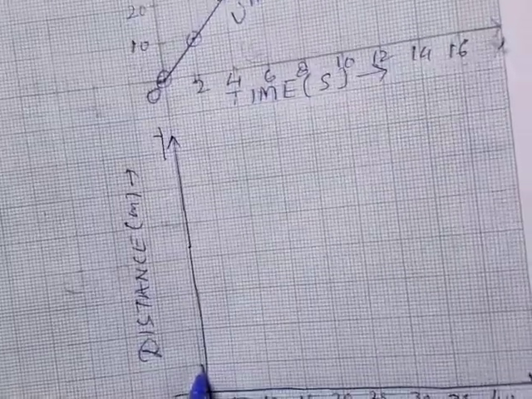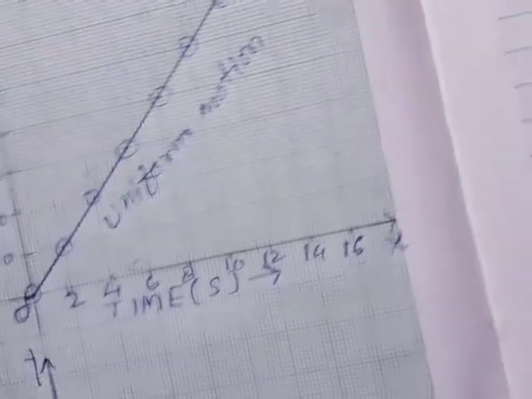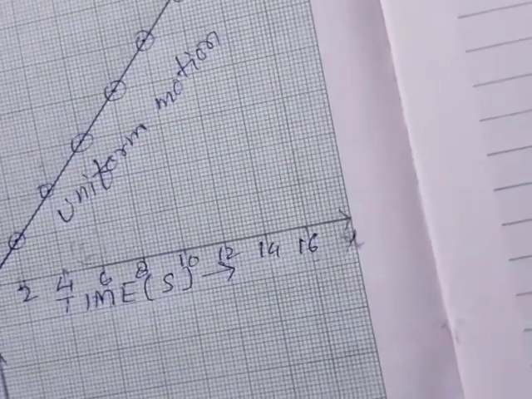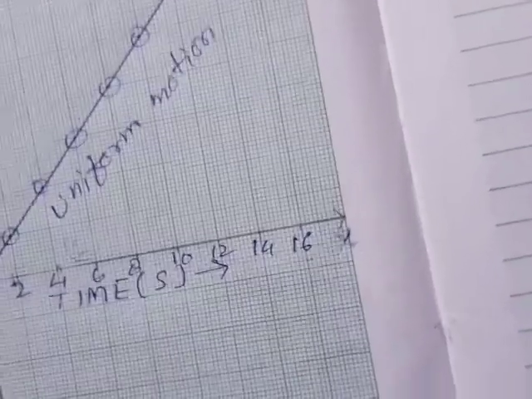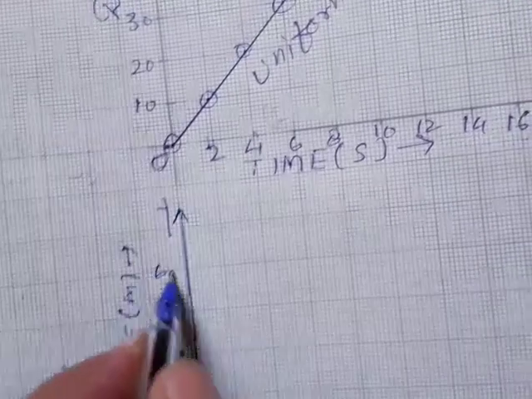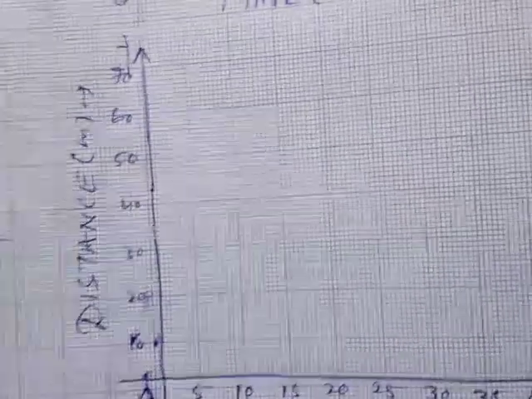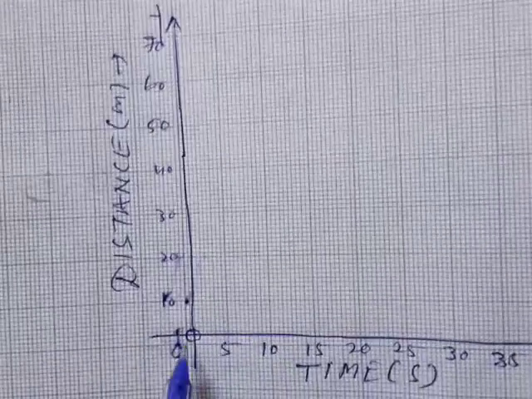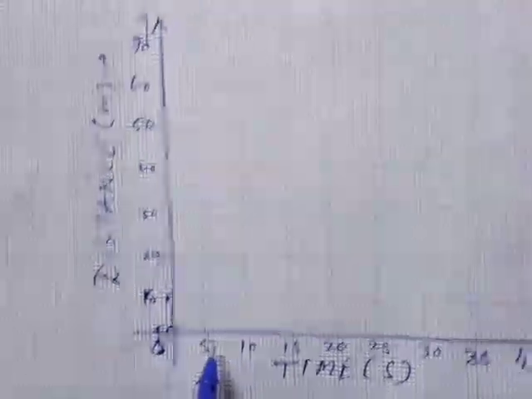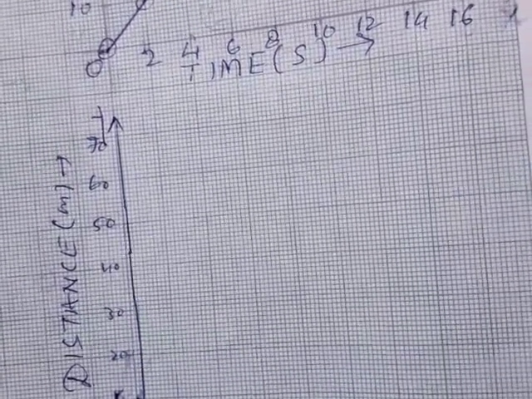So there are up to 64 data in our distance, 64 data. So we take here 10, 20, 30, 40, 50, 60, then here it is 70. Now at the 0th time the position is 0, after the 5th second the position is 1. So how much is it?